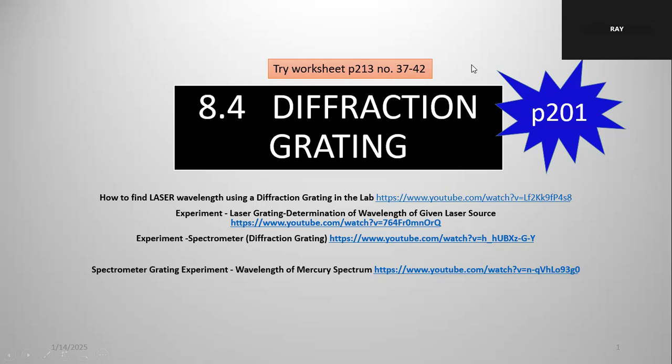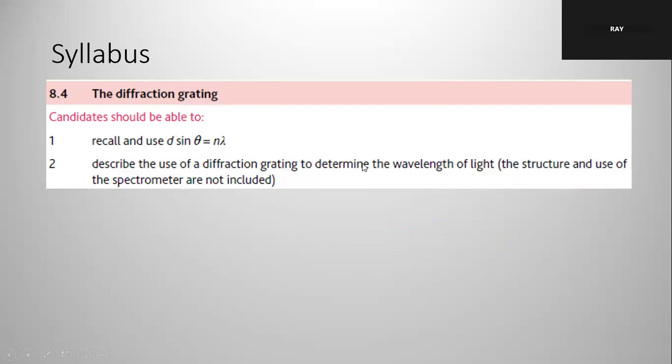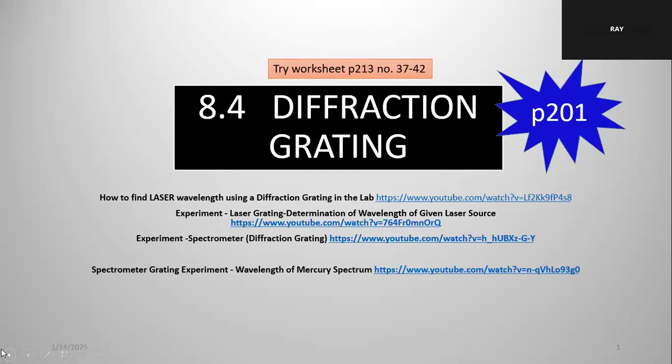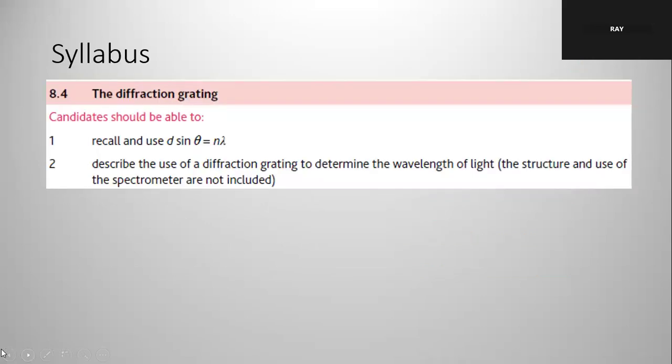Our last part is diffraction grating. Any problem? Just do the questions there, 37 to 42. That's your syllabus.